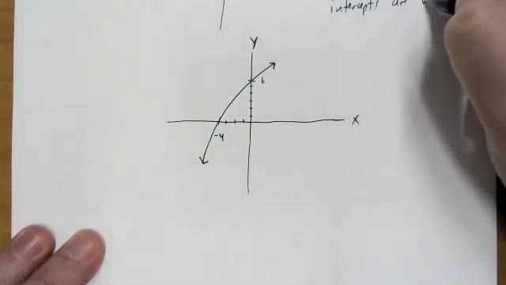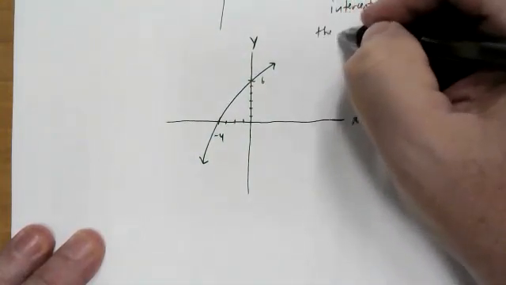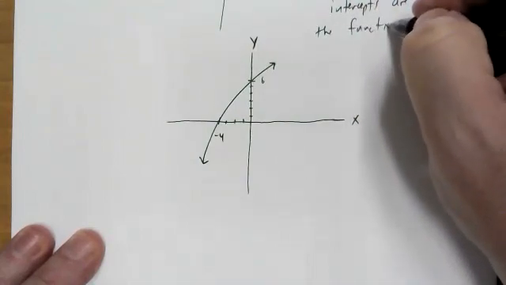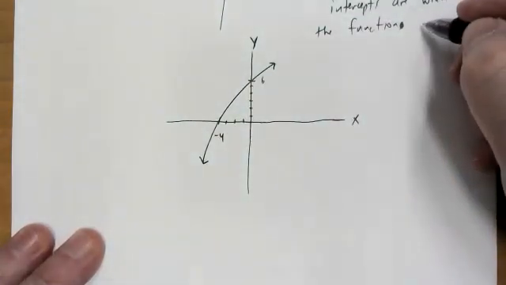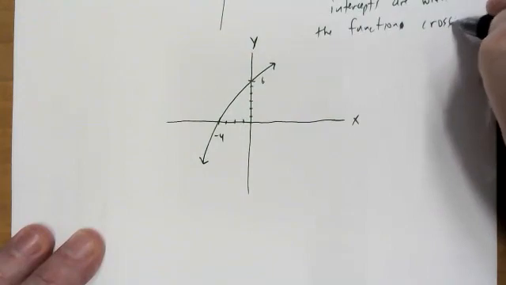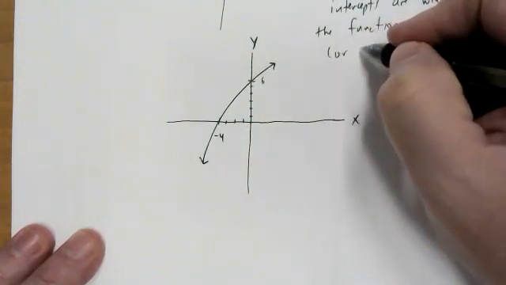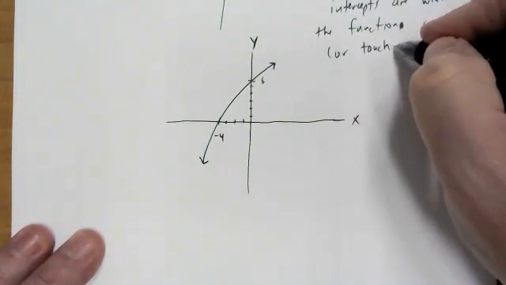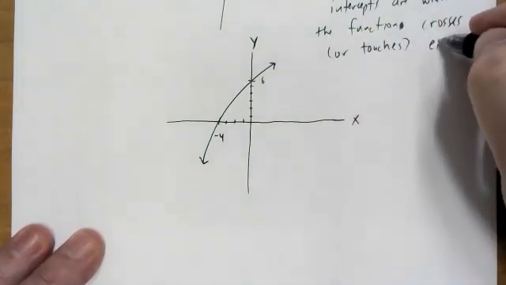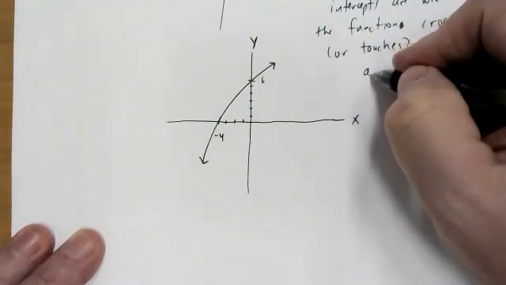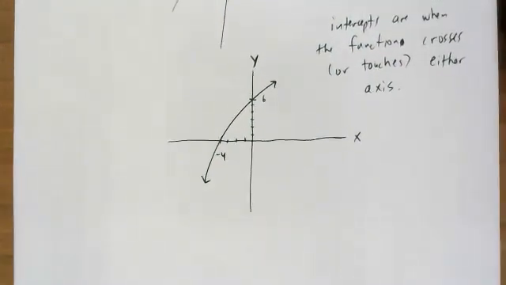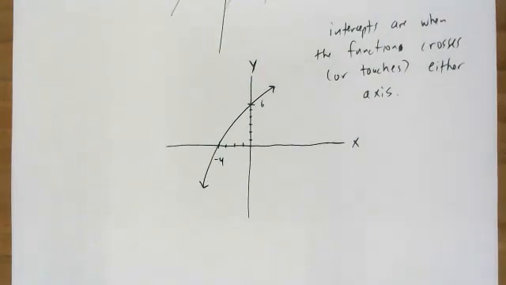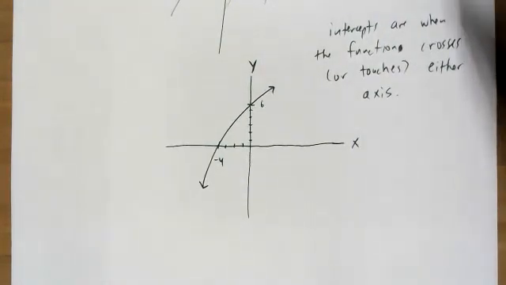Intercepts are when the function or the graph crosses, or sometimes just touches, either axis. Intercept is a pretty close word to intersect.